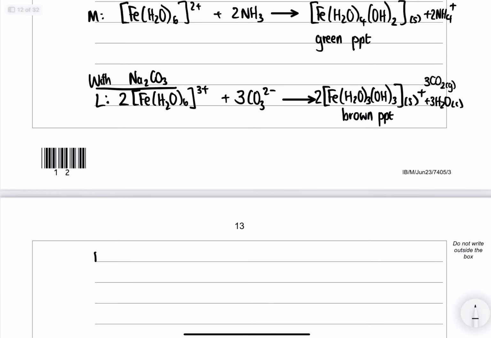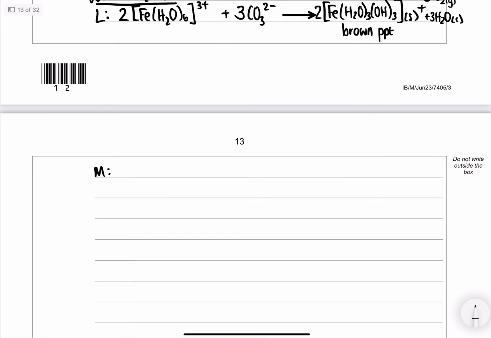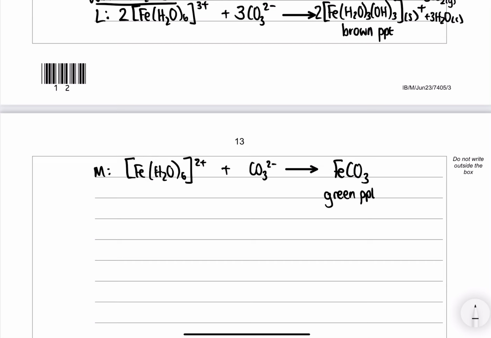With M, which is Fe(H2O)6 2 plus. It reacts with the carbonate ions in a different way. 2 plus ions are not as acidic as 3 plus, and so they make the carbonates, that's my green precipitate, a greeny grey precipitate often, and we just get 6 waters coming off.